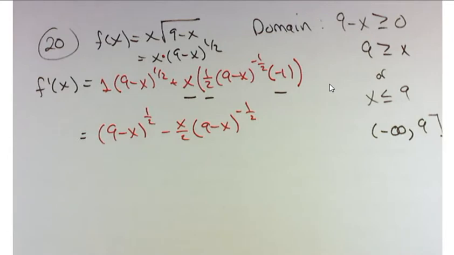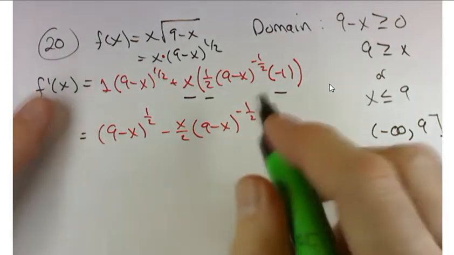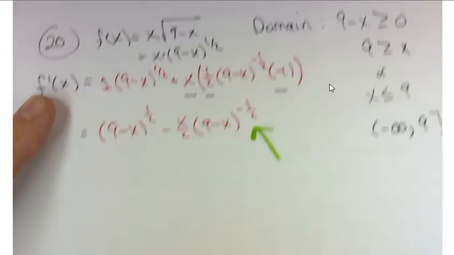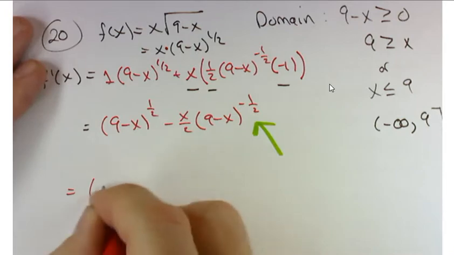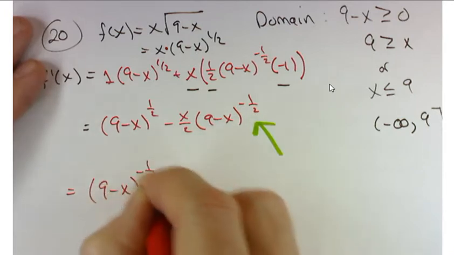Now here's where that tricky factorization comes into play. We want to factor out the term with the lowest exponent. And typically they're going to be negative. So the smallest exponent, the furthest exponent to the left. So I'm going to factor out 9 minus x to the negative 1/2.